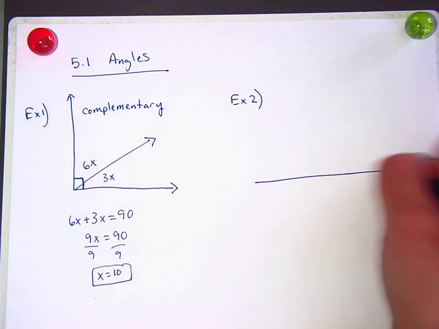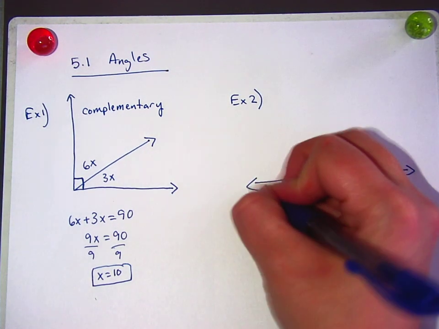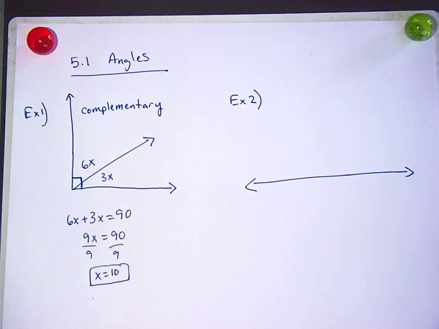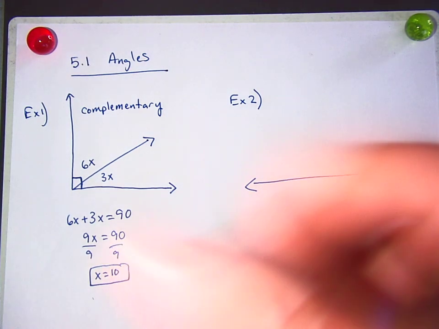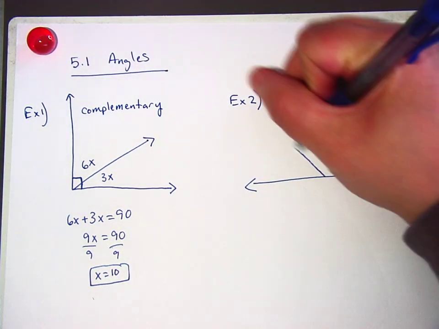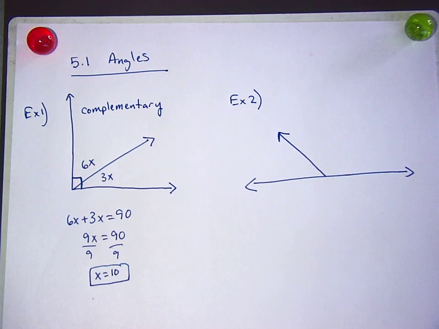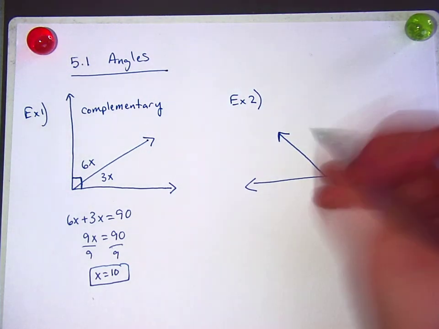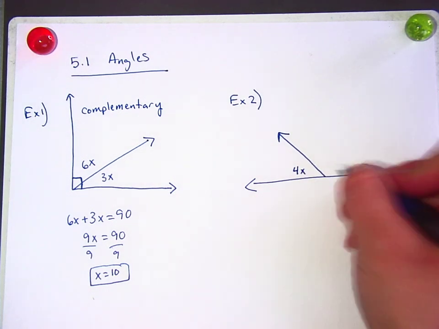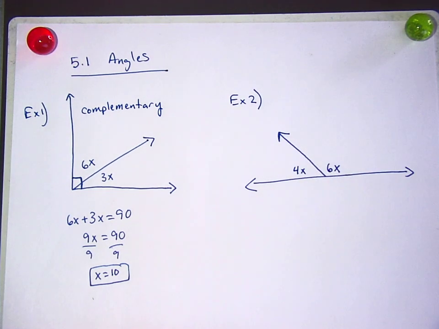And next one, we've got a straight line. What does a straight line add up to? 180.